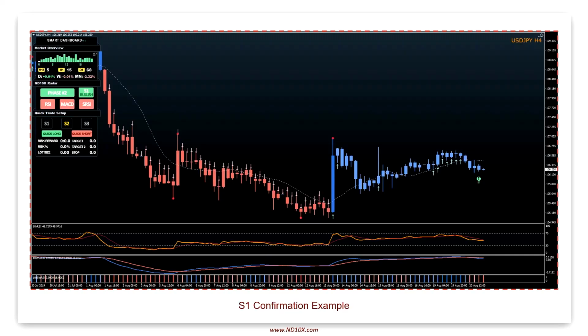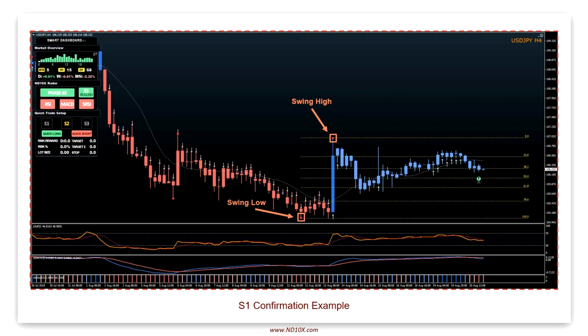Okay, here we have a chart of dollar yen on the 4-hour time frame, and we have that S1 dot. So we are going to look for a first swing high and the swing low points. After that, it's simple. We can just go and draw that Fibonacci retracement from the low to the high.